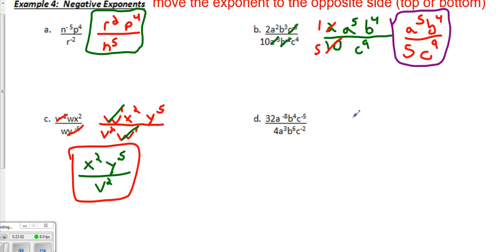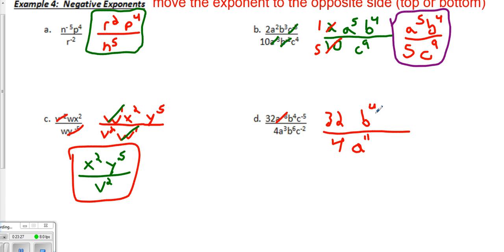Last example, D. 32 and 4 need to stay. We have an a to the negative 8 and a to the 3rd. Add the 8 from here down here. 3 plus 8 becomes 11. A to the 11th on bottom. B to the 4th, b to the 6th.